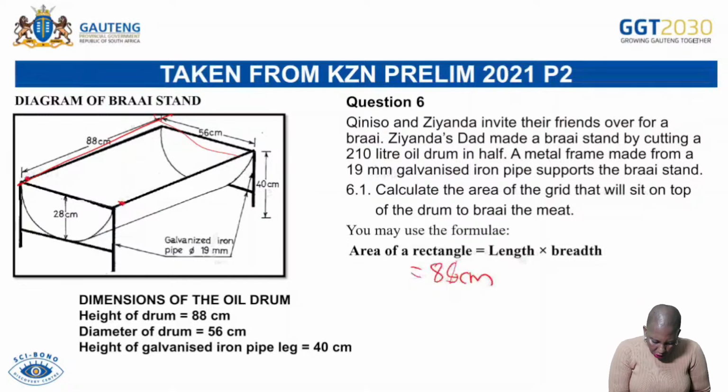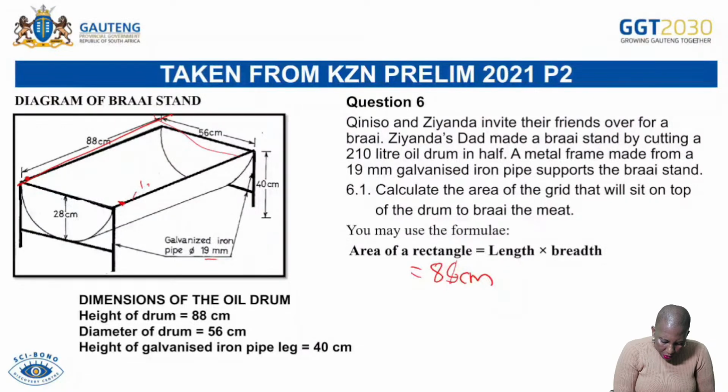So that means we need to convert this 19 millimeters into centimeters. And then quickly we say from millimeters to centimeters, we divide by what? We divide by 10. So if I say 19, I divide it by 10. It will give me 1,9. So this side only, it's 1,9.